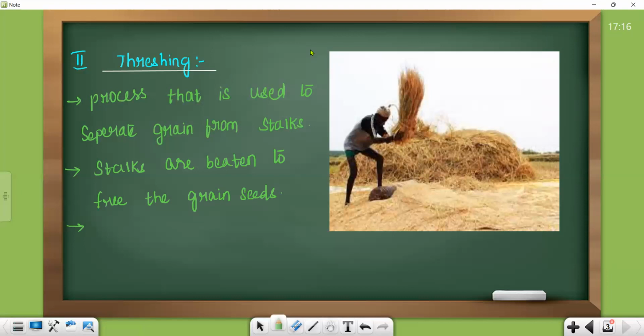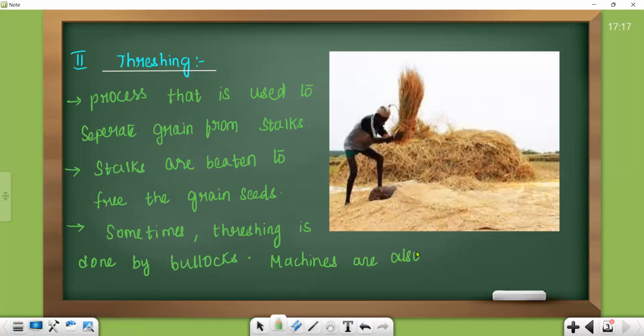Sometimes threshing is also done by bullocks, and machines are also used to thresh large quantities of grains.